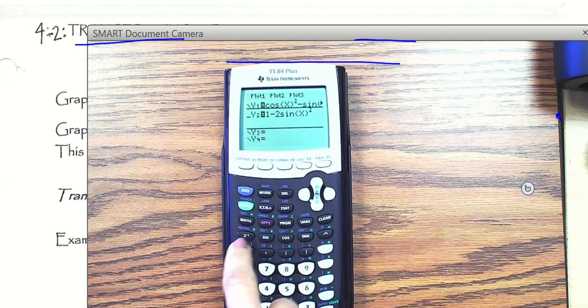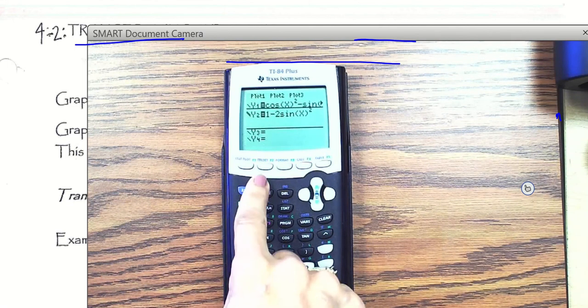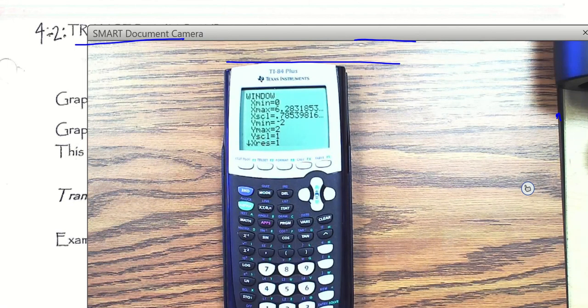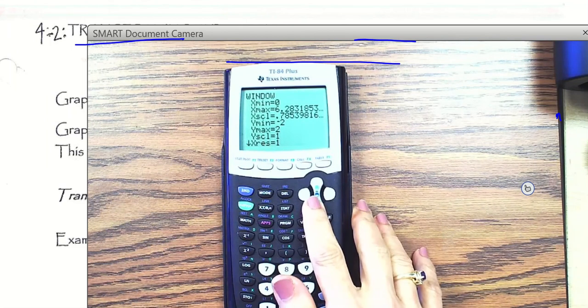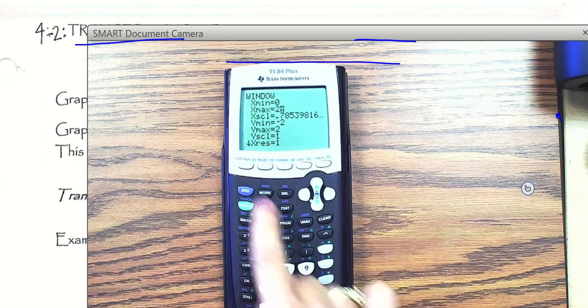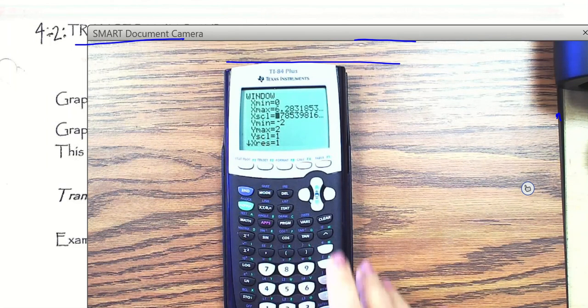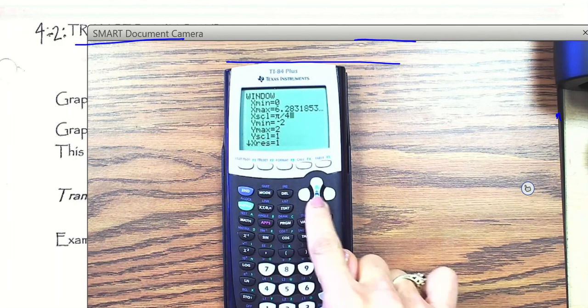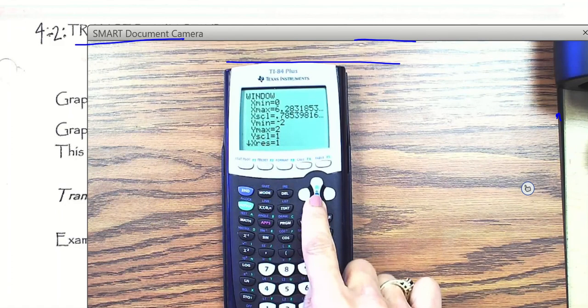So my mode is in radians right now. So if I go to my window, I have set my window from 0 to 2 pi, right? 2 pi, the same thing as our 6.28. I've set my x scale as pi over 4. And I set my y minimum -2, max of 2 on a scale of 1.